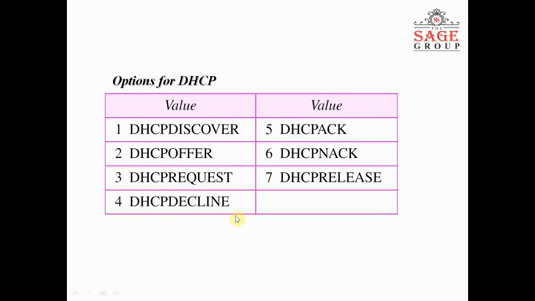DHCP decline. The server can decline the IP address: no, I don't want to send it to you. DHCP ACK, that is known as DHCP acknowledgement. It acknowledges the value that the server or the client sends. DHCP negative acknowledgement, NACK, is known as negative acknowledgement.